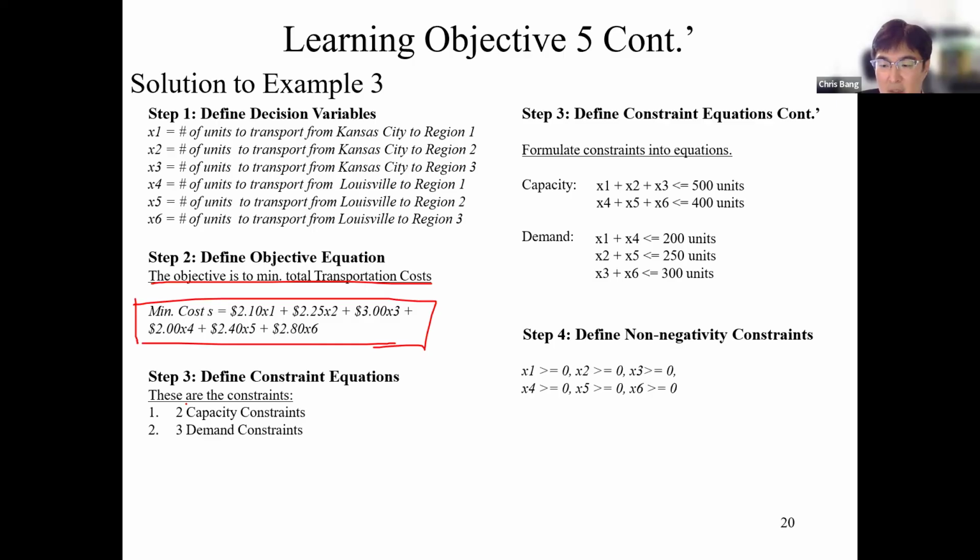Then we write two capacity constraints, one for each plant, and three demand constraints, one for each warehouse. Lastly, we add non-negativity constraints for all shipping variables.